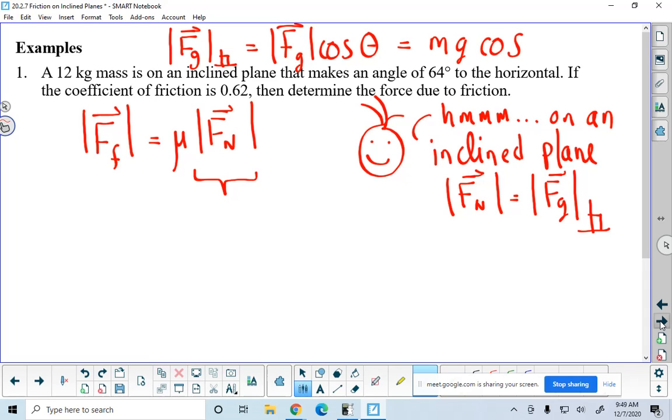So what I develop kind of in my head is that Fg perpendicular is mg cos theta, and then I have a formula which says the magnitude of the force of friction is mu mg cosine theta.